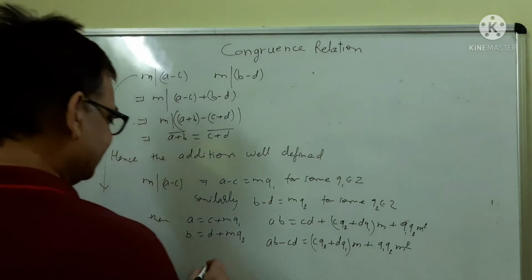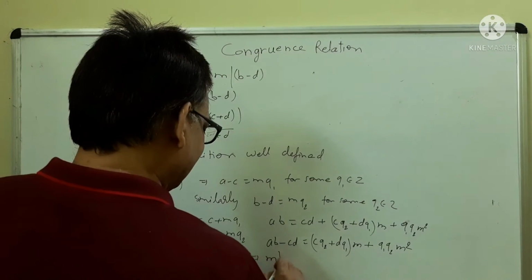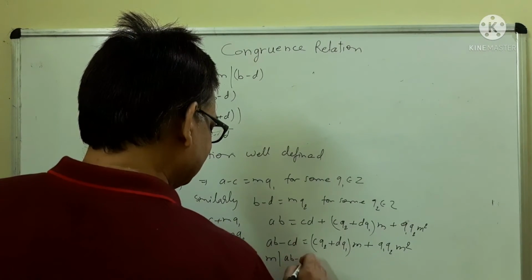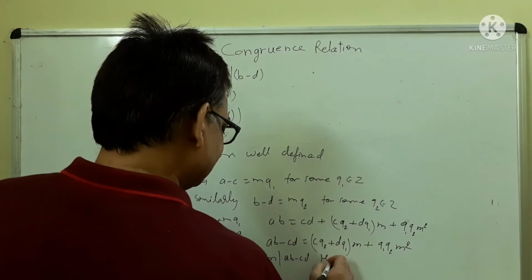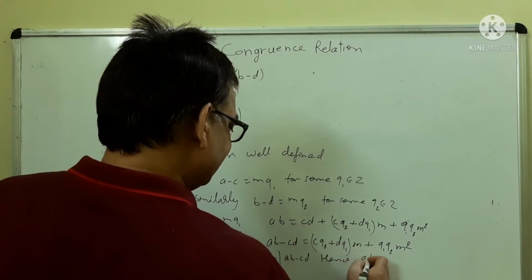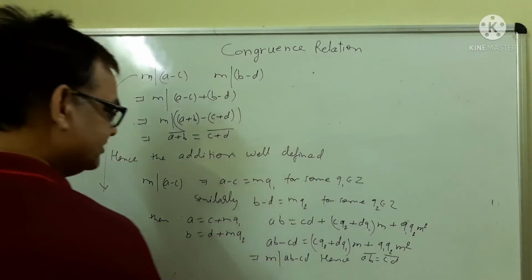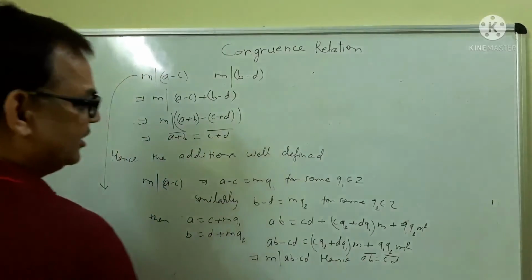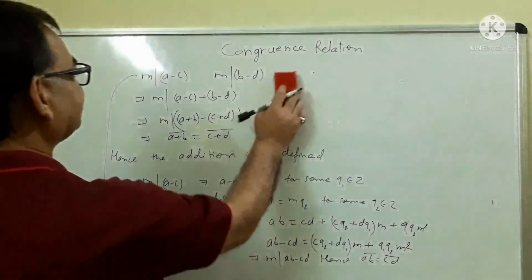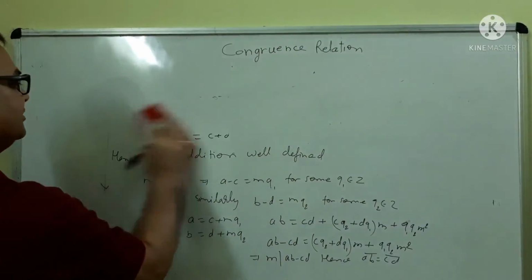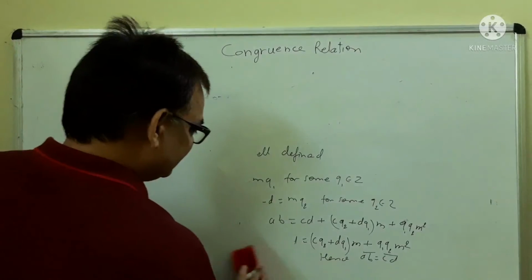From this it is clear that m divides ab minus cd, and hence ab bar is equal to cd bar, and therefore multiplication is also well defined.